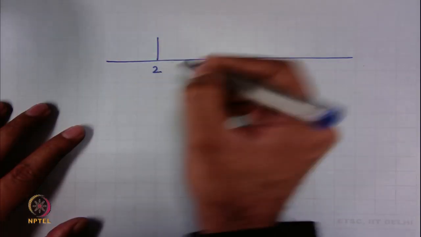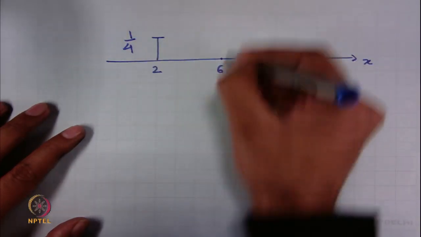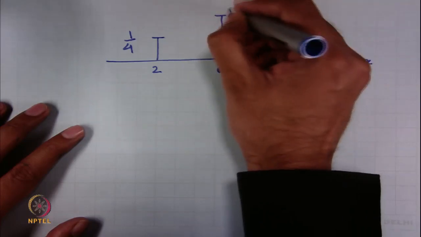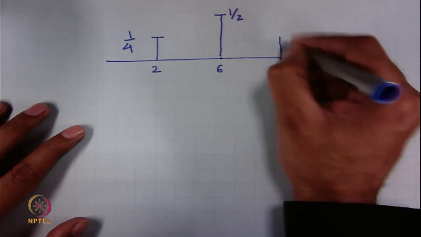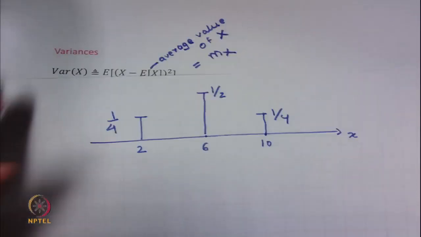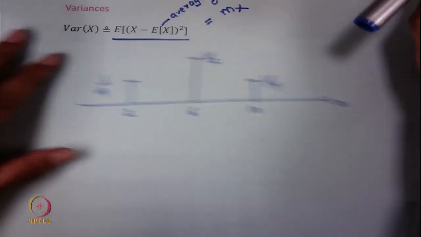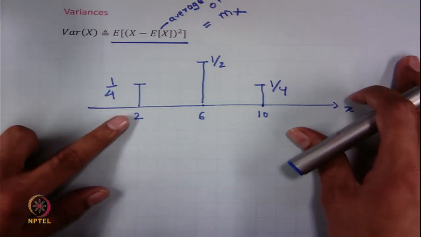So, let us say that x takes the value 2 with a probability 1 by 4, it takes the value 6 with a probability half, it takes the value 10 with a probability 1 by 4, and what I am looking for in this expression is to see what this means.